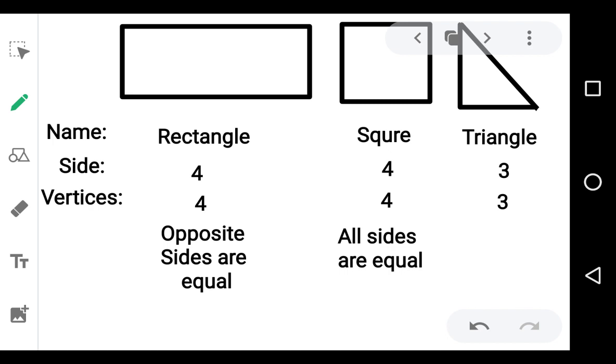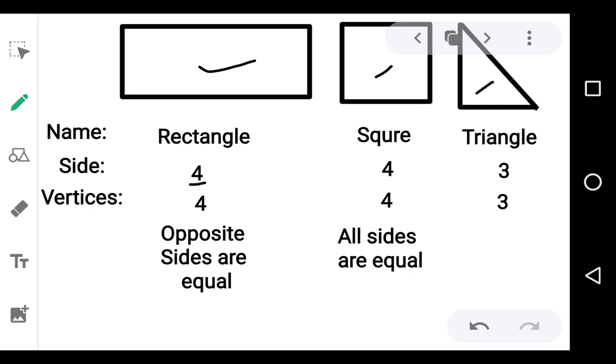Now after that we see here, this is a rectangle, square and triangle. Now here we see the name of the shape, sides and vertices. So how many sides does a rectangle have?